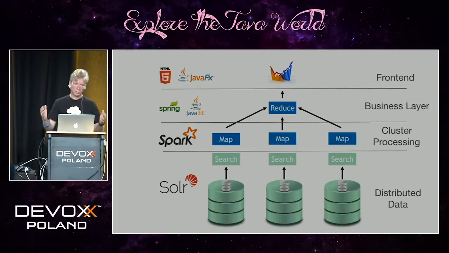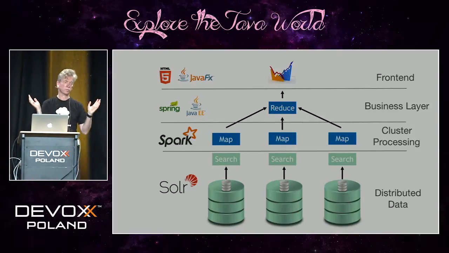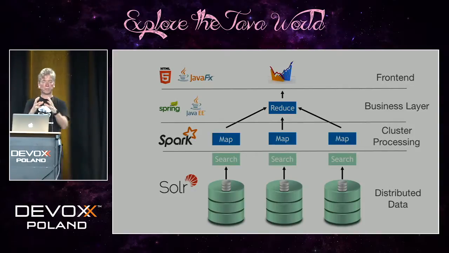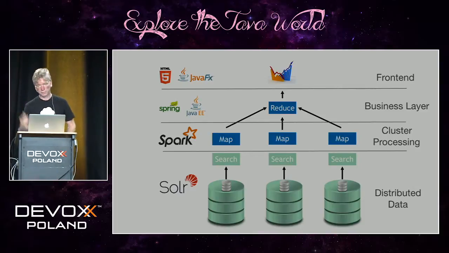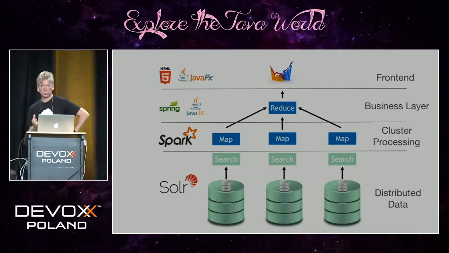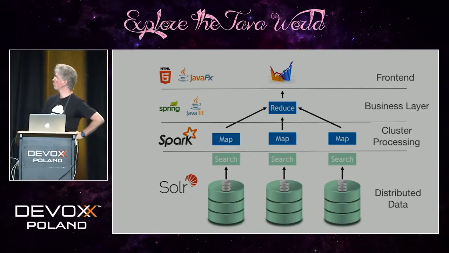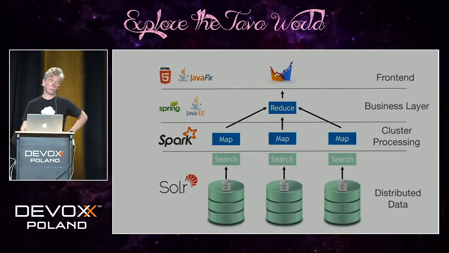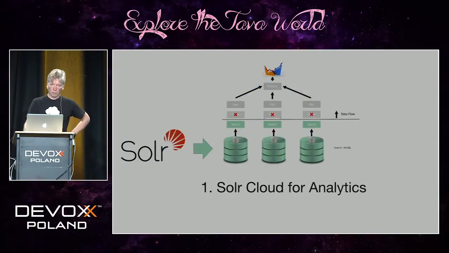And you can get the results to a normal JEE application, for example, or a Spring application, a Spring microservice, which collects everything together and gives a JSON, REST answer to your client. I have some samples here of frontends which are written in JavaFX or HTML5. Everything is possible here, I think.